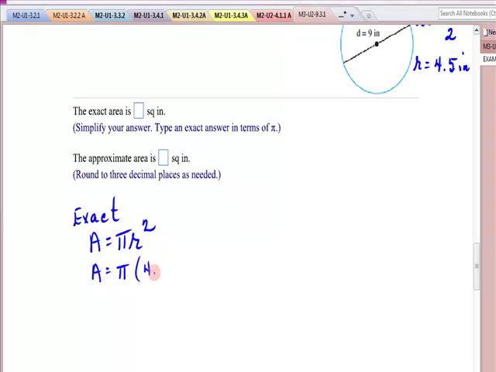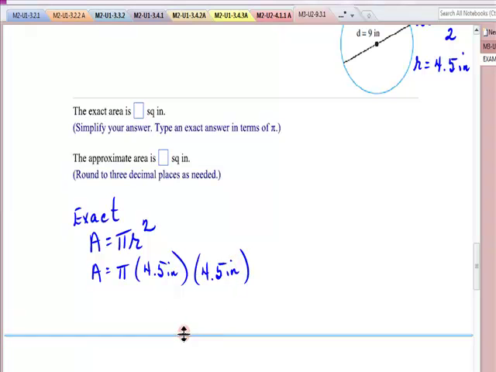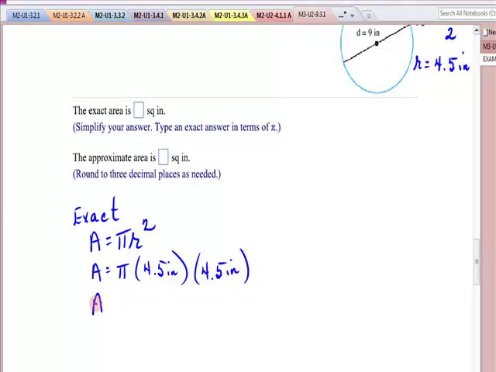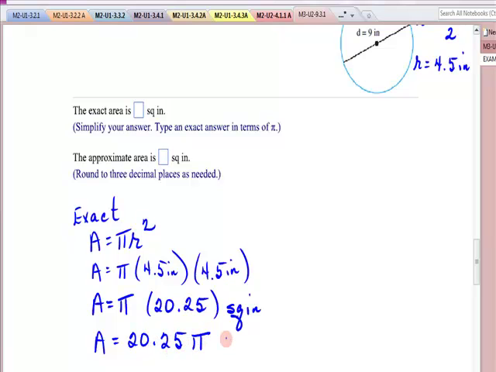The radius is 4.5 inches times another 4.5 inches, because remember, it is radius squared. So area is pi times, let's see, 4.5 times 4.5 is 20.25, and it is now in square inches. I would write my answer as 20.25 pi square inches, because we put the number in front of pi.